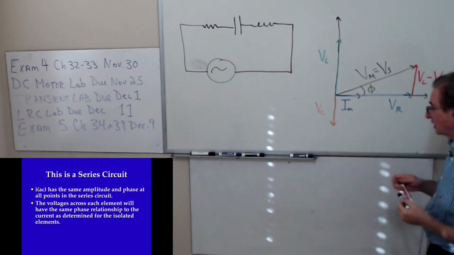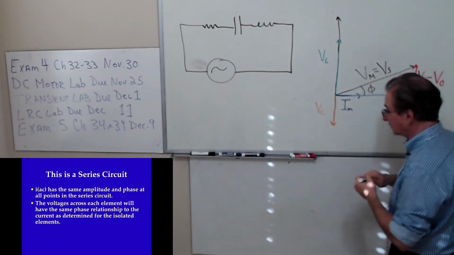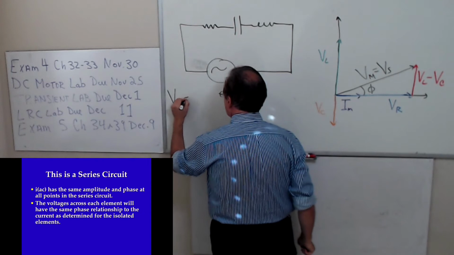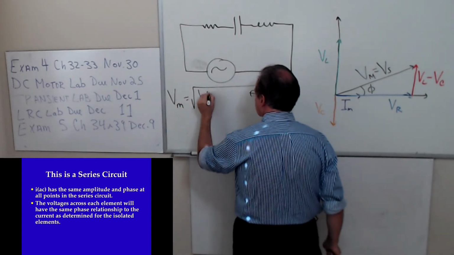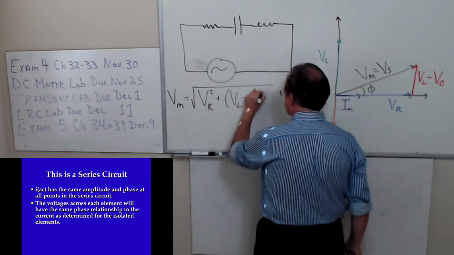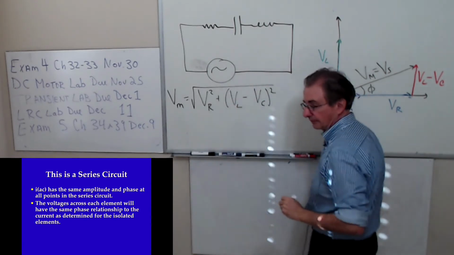Then I readily see that this power supply voltage, V sub m, is equal to the square root of V sub R squared plus (V sub L minus V sub C) squared.